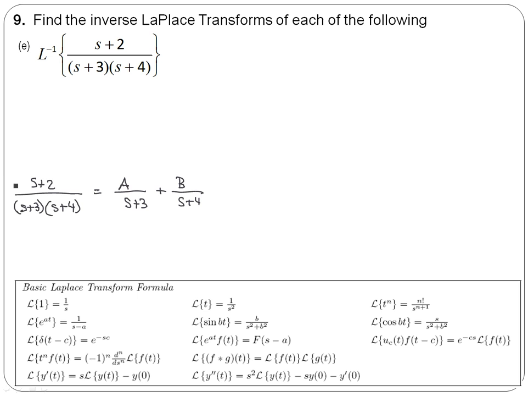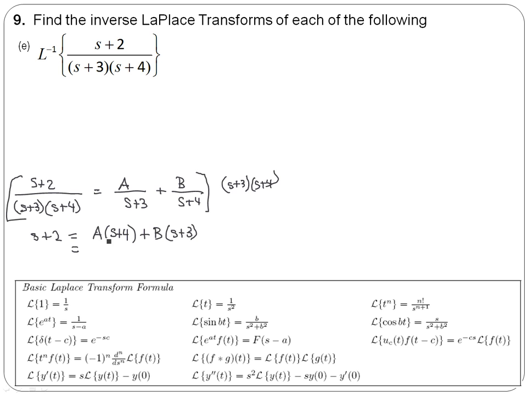I'm going to start by multiplying through by the common denominator, which is (s plus 3)(s plus 4), which will give me s plus 2 on the left side. My denominators cancel out. On the right side I get A times, here the s plus 3's cancel, and I'm left with a factor of s plus 4, and then B times s plus 3 because the s plus 4's cancel out.